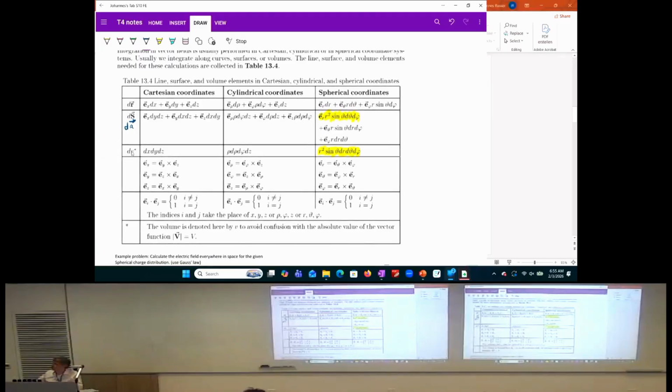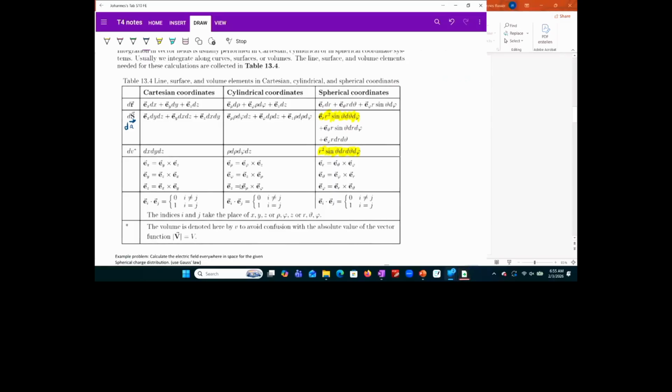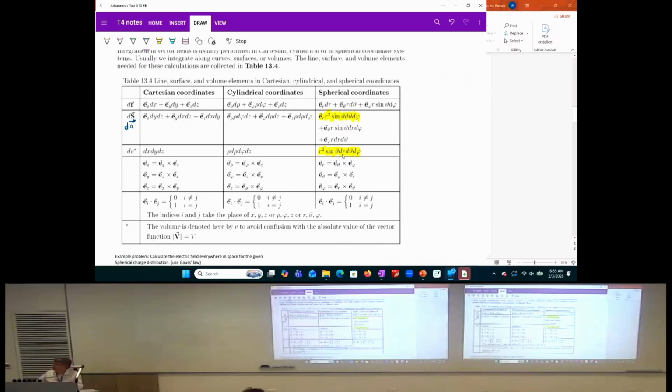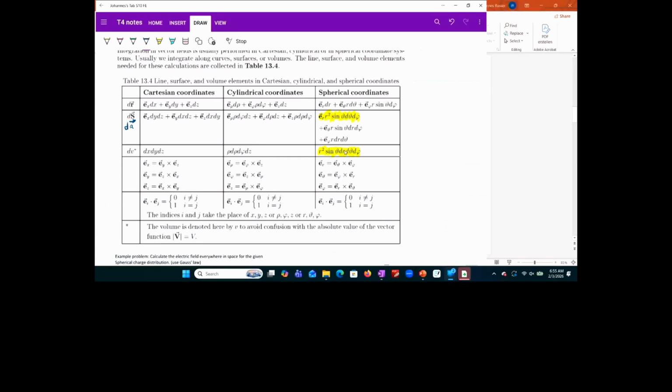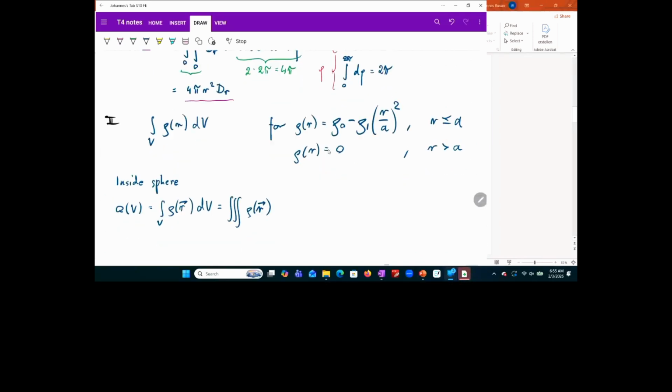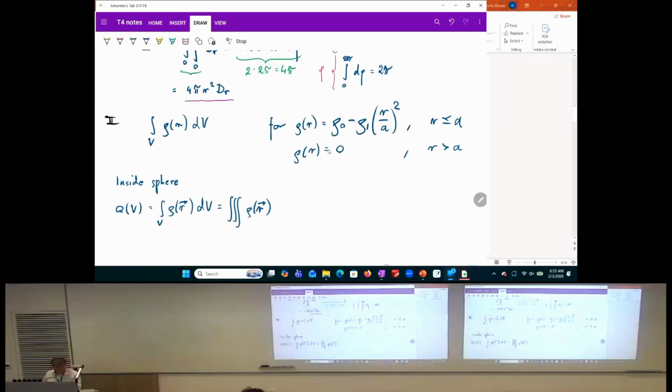So our differential volume element becomes r squared sine of theta dr d theta d phi. I denote this here with a prime to distinguish it as a running variable inside the integral from the boundaries that we will be setting.